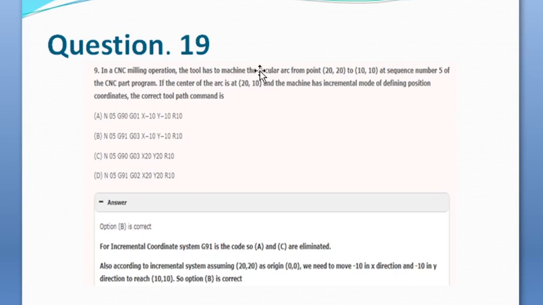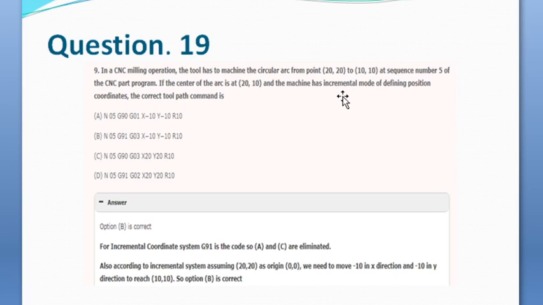So, what are the G codes used in this problem? Sequence number N, G90 absolute, linear interpolation, then X and Y, then R value. Based on the starting point and end point of the arc, we first calculated the direction of the arc, then the center of the arc, and based on the center of the arc we calculated the radius of the arc.